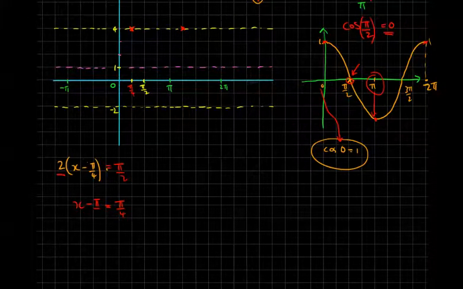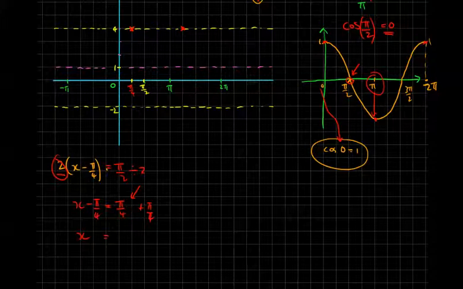Just by dividing that 2 by 2 gives me pi over 4, a quarter of pi. So then adding pi over 4 to this, getting rid of this one here, I get pi over 4 add pi over 4. But what's a quarter plus a quarter? It's a half, so I get pi over 2. Right, so x equals pi over 2.